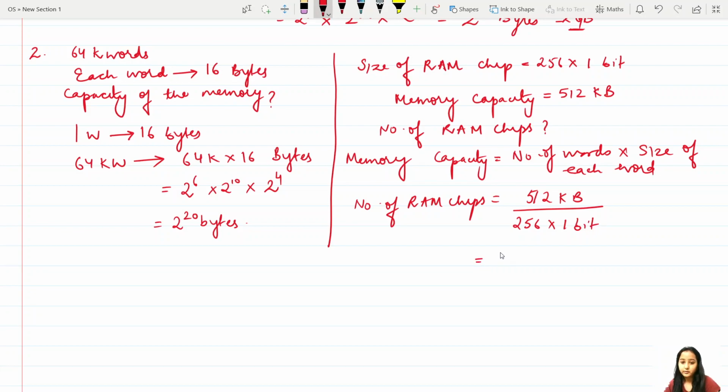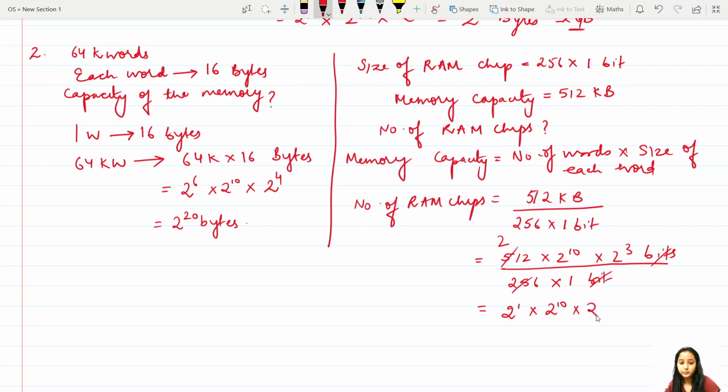Okay, this is given in bytes, so we have to calculate it in bits. So 512 multiplied by 2 raised to power 10 into 2 raised to power 3 bits, divided by 256 into 1 bit. So this will be cancelled, so it will be 2 raised to power 1, 2 raised to power 10, 2 raised to power 3.